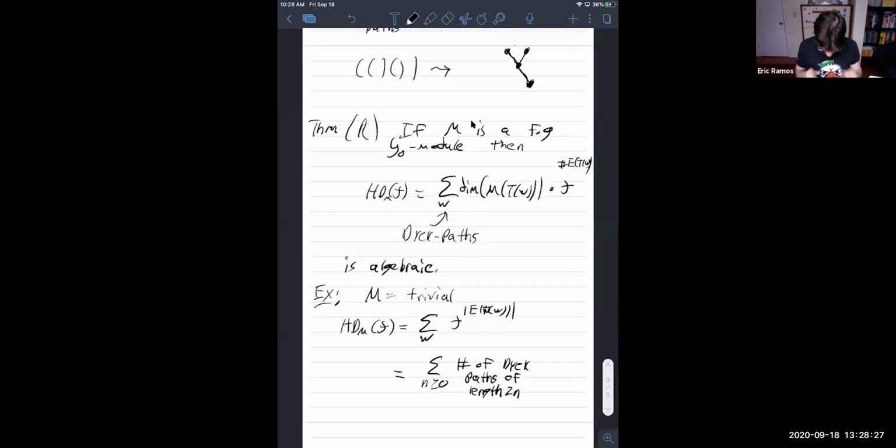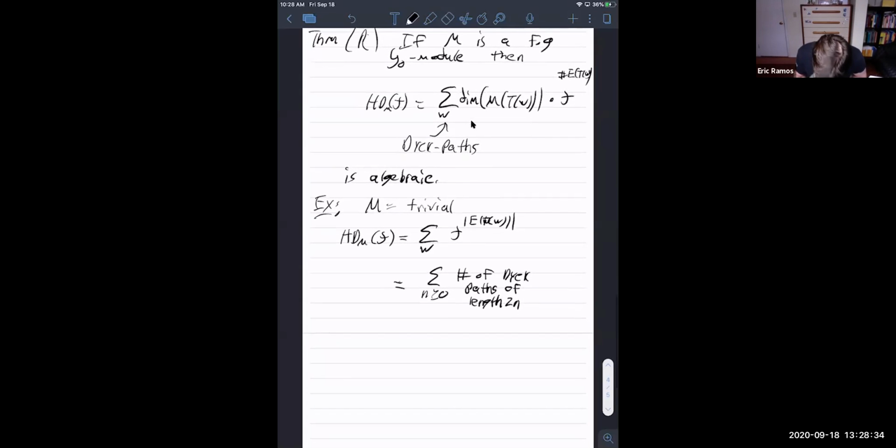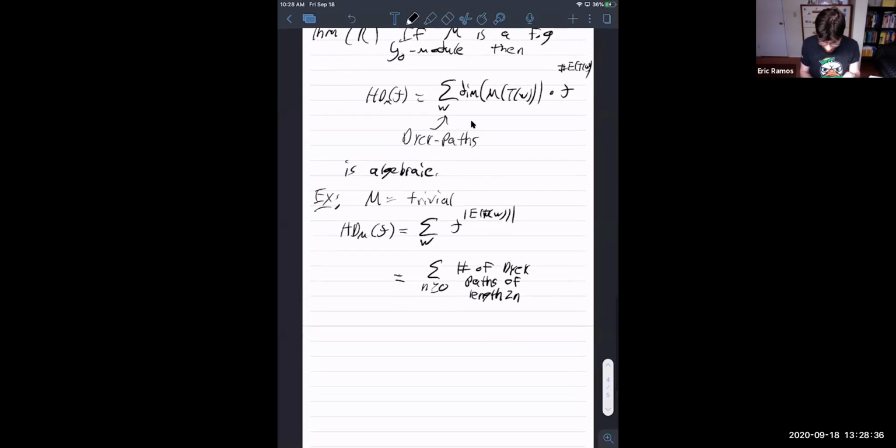Right. So let me finish this computation before I answer your second question, Jordan. This thing becomes the generating function for the number of deep paths of length twice n, and of course, famously, that is the Catalan numbers.